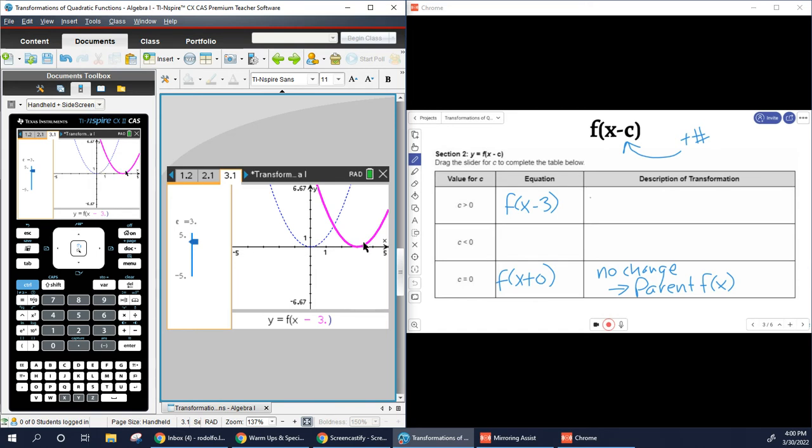So this is called a horizontal shift. Three units to the right.